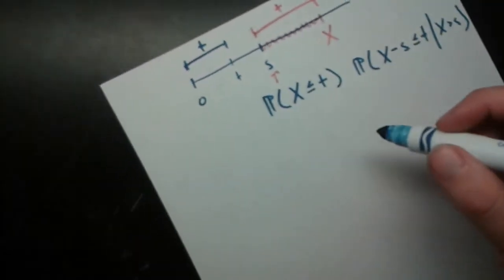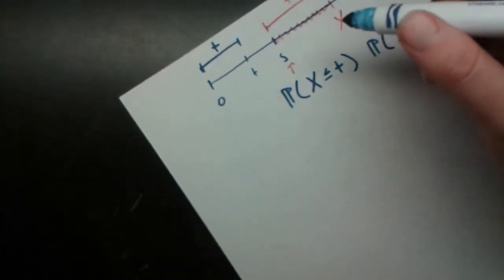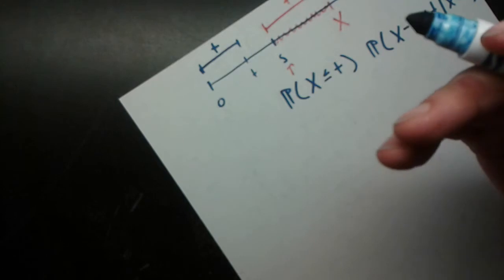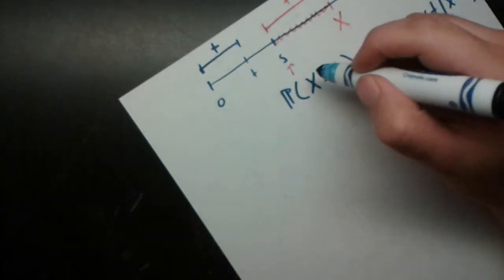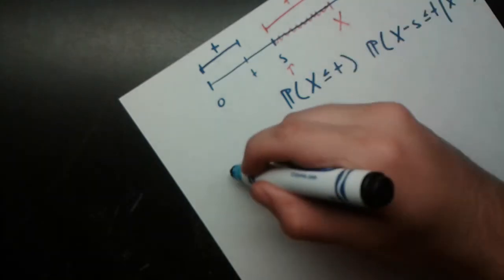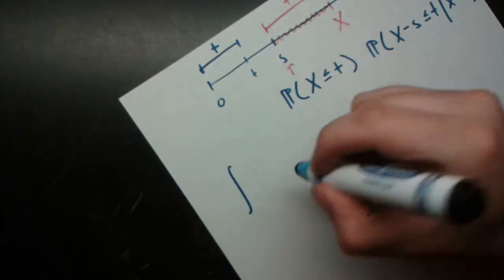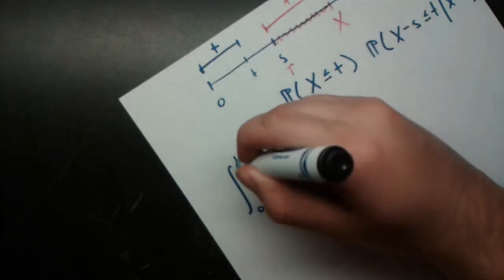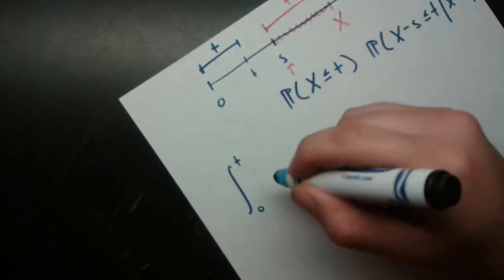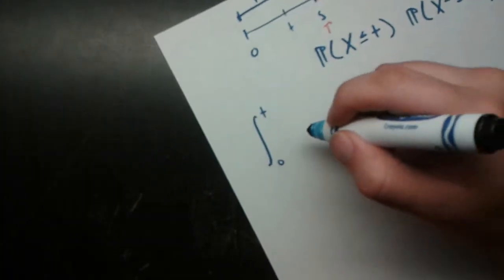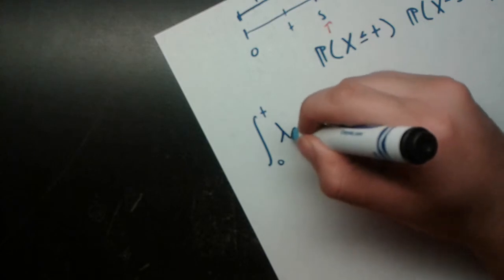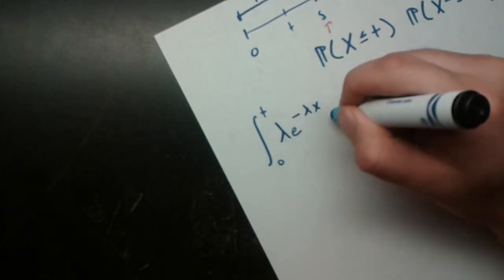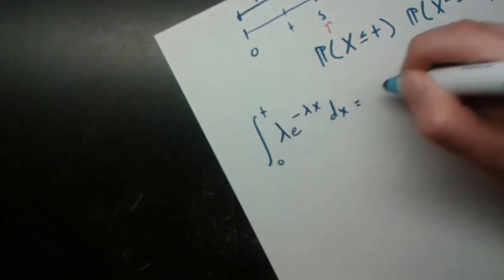So the first one is probably the easiest, the probability that x is less than or equal to t. Remember, if you want to find the probability that a random variable is less than or equal to some value, all you have to do is integrate the PDF, so the PDF from 0 till that value. So in this case it's 0 because exponential starts at 0. The PDF is given by lambda e to the minus lambda x dx, and we can easily solve for this.